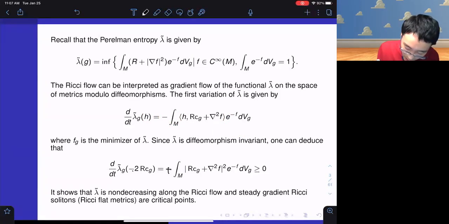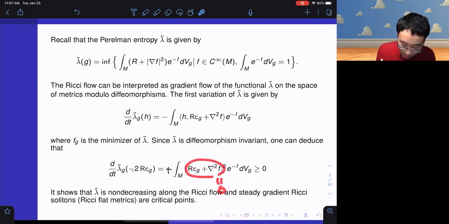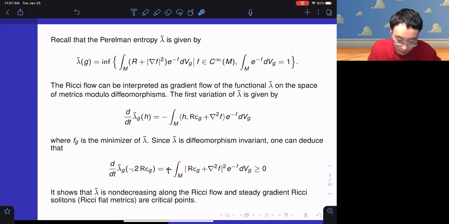So this quantity is always non-negative. In other words, it shows that lambda tilde is decreasing along the Ricci flow, and for a steady gradient Ricci soliton, if this is 0, they are critical points.